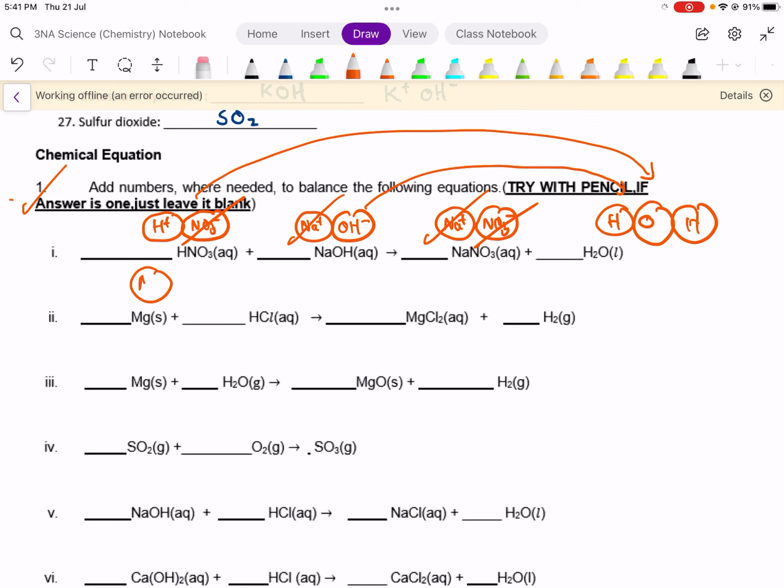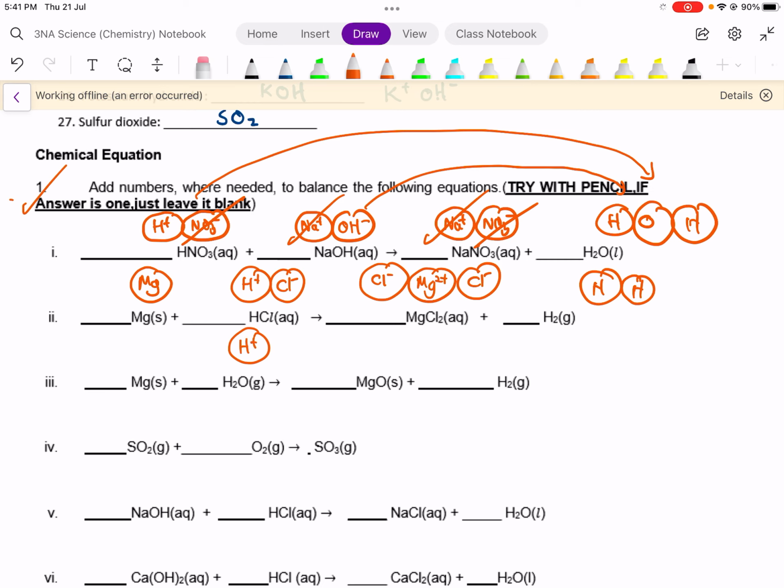Okay, let's look. This one is Mg alone. Then I have a H plus as well as a Cl minus. Okay, then this one I have Mg2 plus and 2 Cl minus. Then this one is 2H. Okay. So you realize immediately there's 2 chloride on the right and 1 Cl on the left. So basically you need to add one more set.